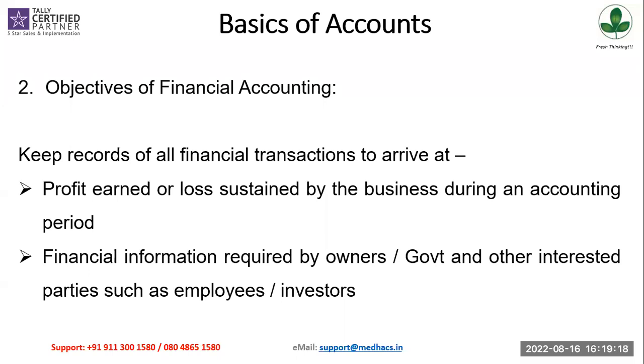So there are multiple stakeholders in any business. One of the objectives is that accounts are maintained to ensure that relevant accounting and financial information is provided to the stakeholders whenever they seek it. This is one of the objectives for which financial records are kept.